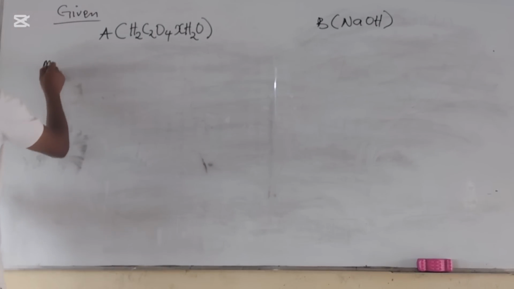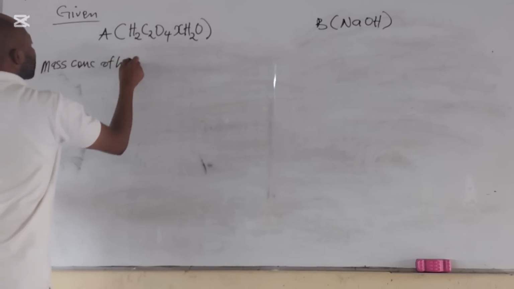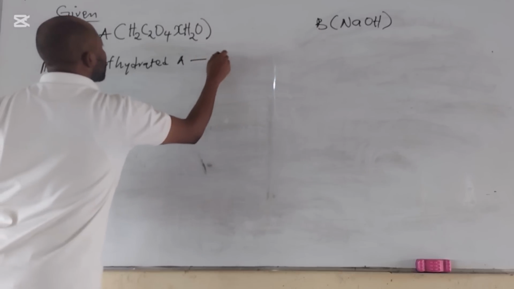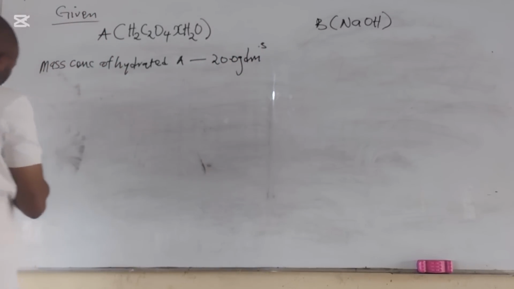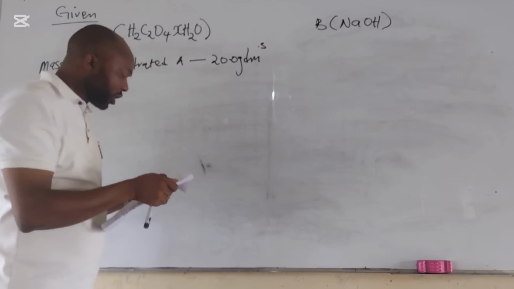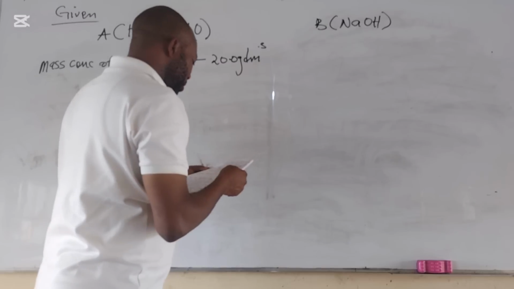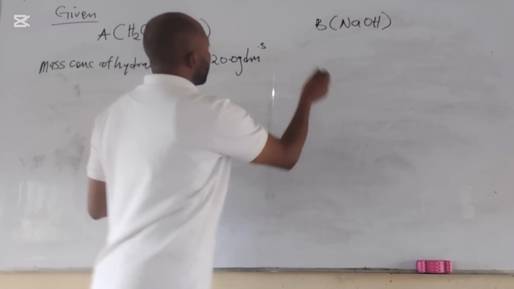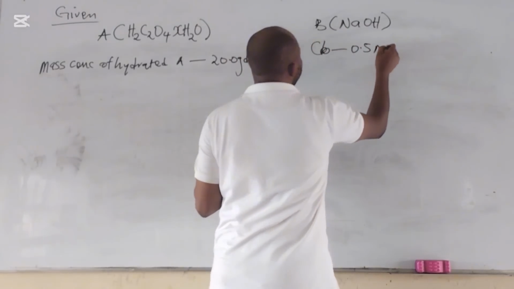So I can easily say the mass concentration of hydrated A is 20.0 g per dm cube. Solution B is a solution of sodium hydroxide. It contains 0.5 mol per dm cube. So the concentration of the base is 0.5 mol per dm cube.